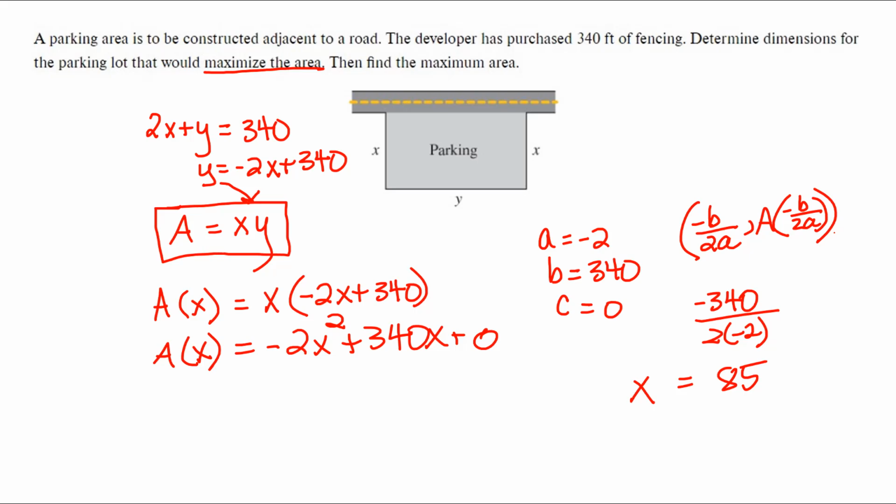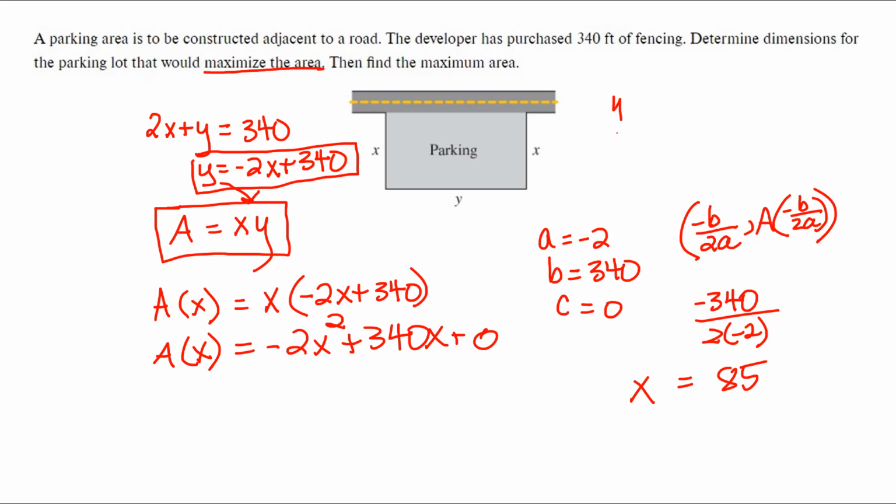It's going to give me the area when x is 85. So I do need to find that out because that is the next question. I'm just going to go ahead and plug the 85 into this y equation here, which has to do with the fencing, because that'll still give me the right value for y.